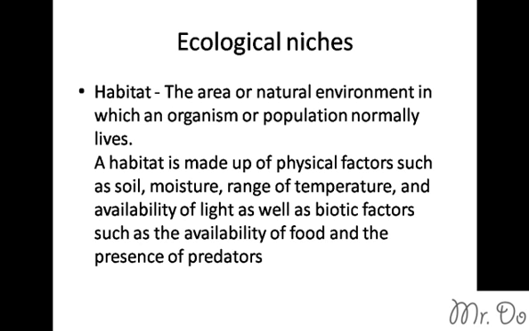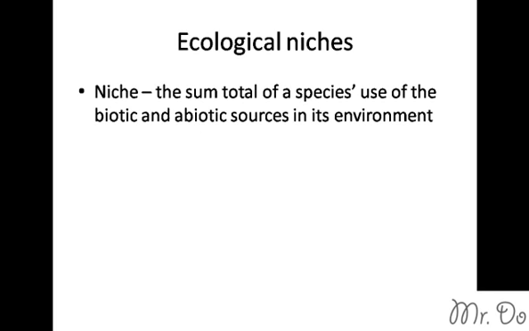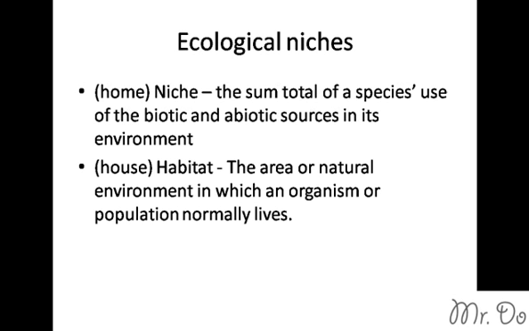Habitat is made up of physical factors such as soil, moisture, range of temperature, light, and other biotic factors, availability of food, and predators. Whereas a niche is the sum total of a species' use of the biotic and abiotic resources in its environment. So you can think of a niche as the home, whereas the habitat is the house.